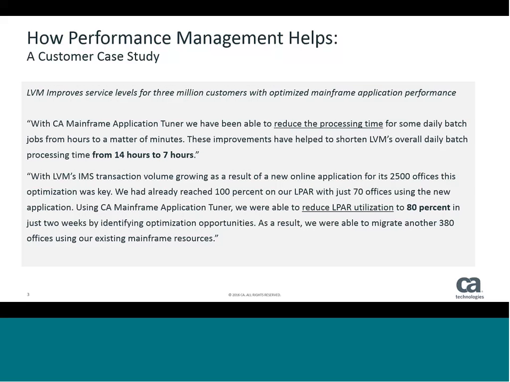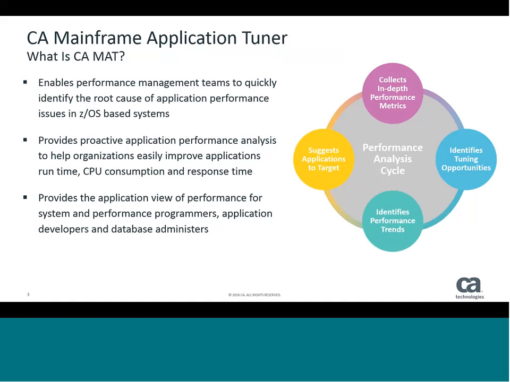So that's a typical case study that we run into, and we certainly look forward to hearing your success with MAT as well. In this slide, what we're going to talk about is, what does MAT do? It's an ongoing process.